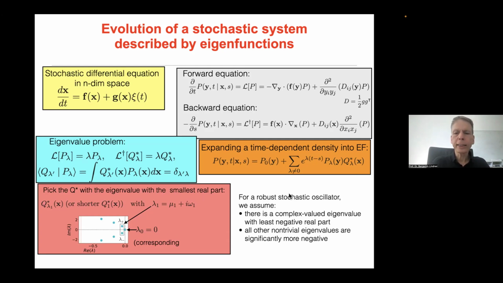Now, as it turns out, for a robust stochastic oscillator, you will find that this dominating eigenvalue, this eigenvalue with the smallest real part, is complex. So it consists of mu1, which will be a negative real number, and i omega1, where omega1 is pretty much the oscillation frequency of the stochastic oscillator.